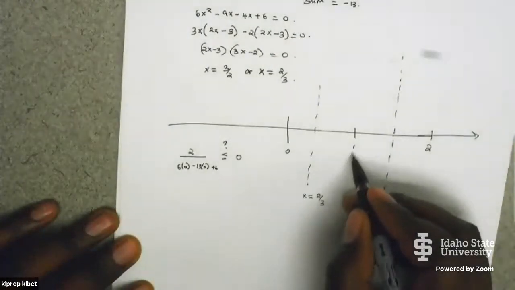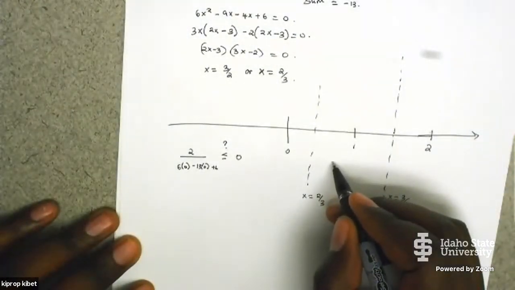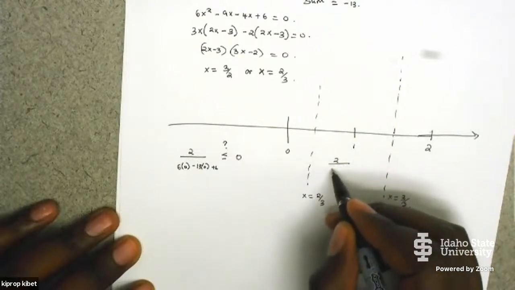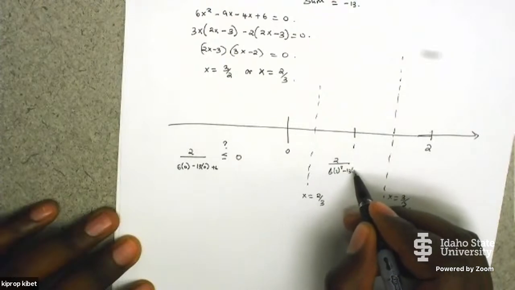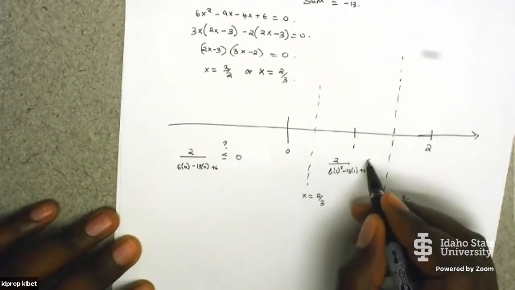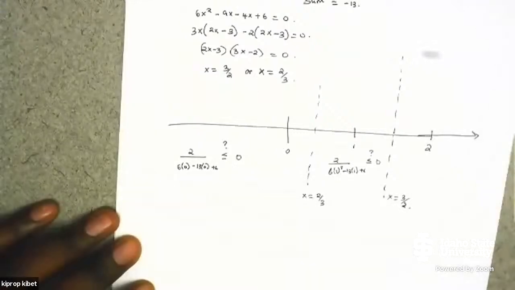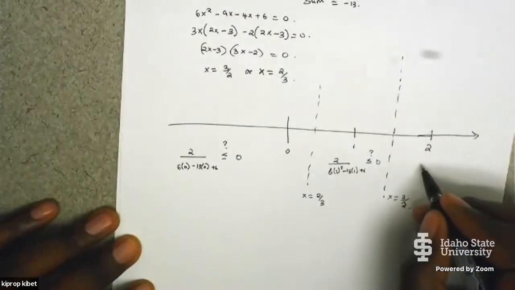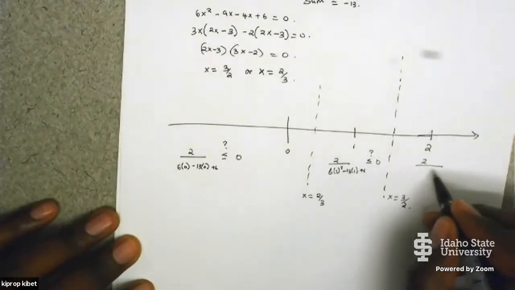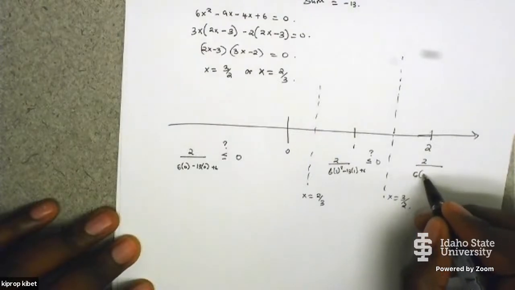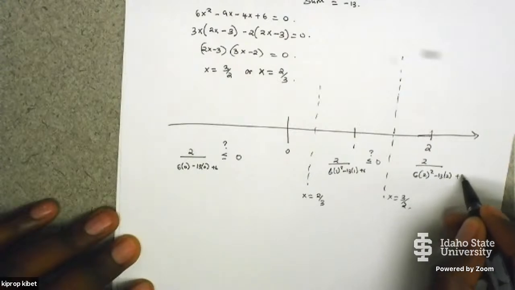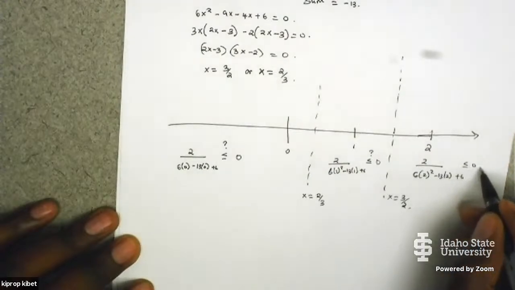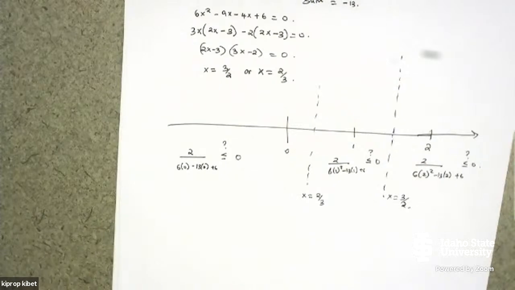When we put x to be 1, so 2 all over 6 multiplied by 1 squared minus 13 multiplied by 1 plus 6. Is this less or equals to 0? And when you put here 2, so 2 all over 6 times 2 squared minus 13 multiplied by 2 plus 6. Is this less or equals to 0? So you need to check those.